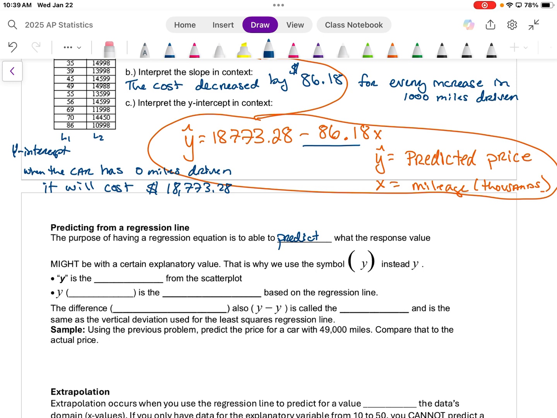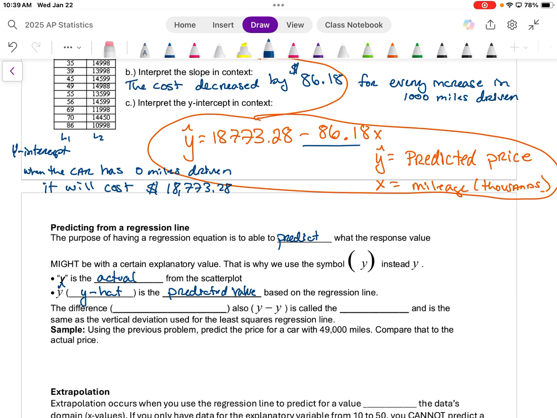That is why we use the hat on top of the y instead of a y, because y stands for the actual value in a scatter plot, whereas y hat, got to put a little hat on there for me, which is pronounced y hat, is the predicted value based on the regression line.